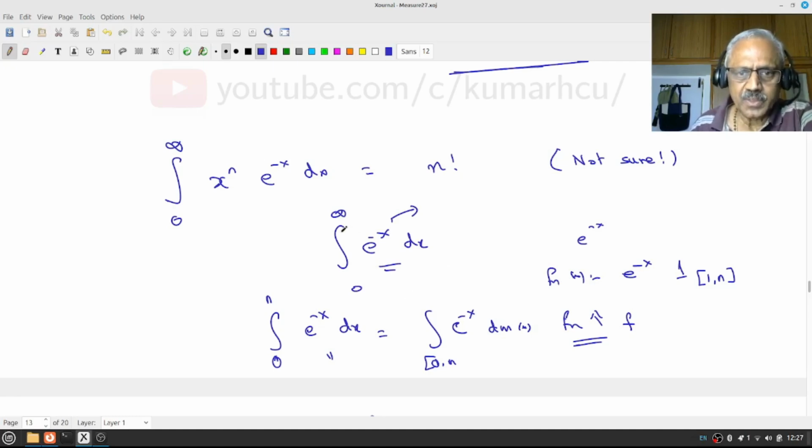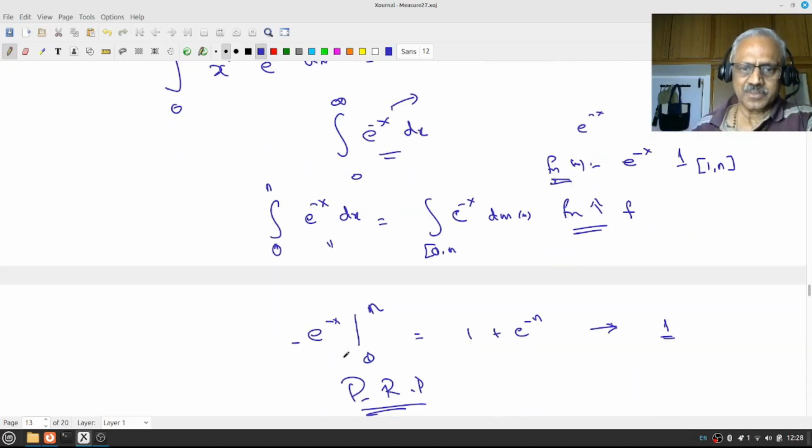We looked at this as a sequence f_n, and the integrability of f_n is very easy because these are all continuous. We used that the Riemann integral is the same as the Lebesgue integral, therefore I can compute by the Riemann integral. To compute the Riemann integral, I can use the fundamental theorem of calculus and then pass to the limit by the monotone convergence theorem and all that.